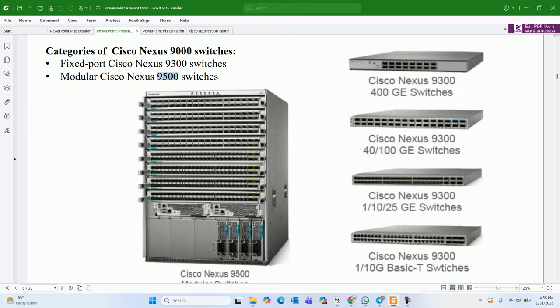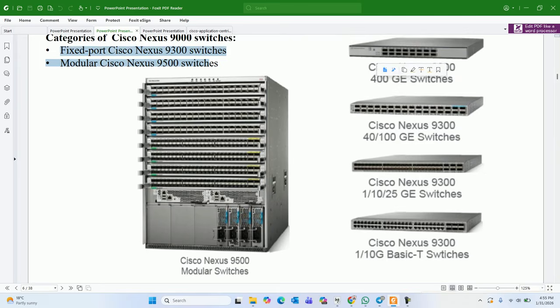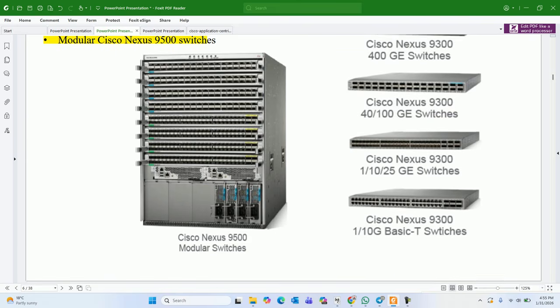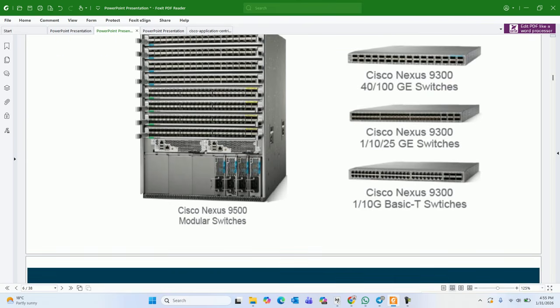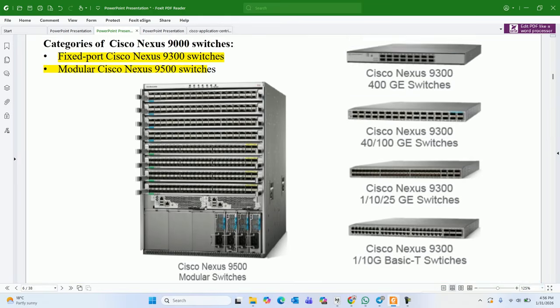The fixed port Cisco Nexus 9300 series, we have the switches here. 9300 with 40 gigabit Ethernet interfaces. Then we have Cisco Nexus 9300 with 40 and 100 Gbps, 10 and 25 Gbps, and 1/10 Gbps switches. Then we have Cisco Nexus modular switches.